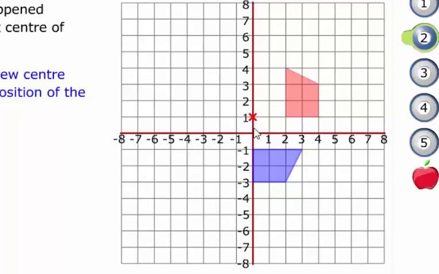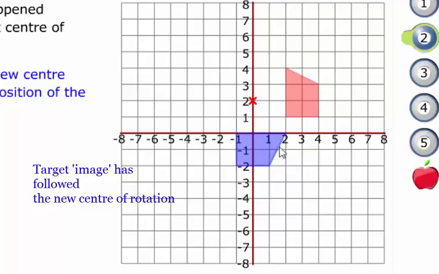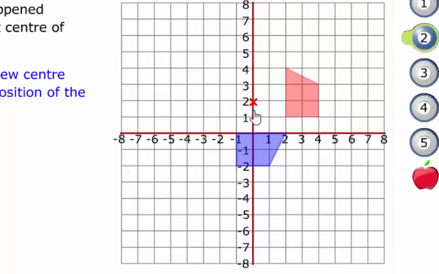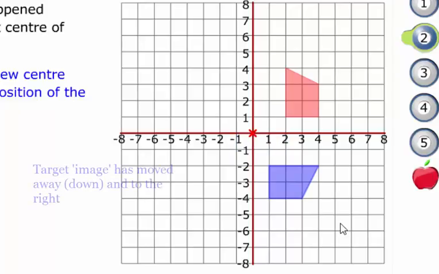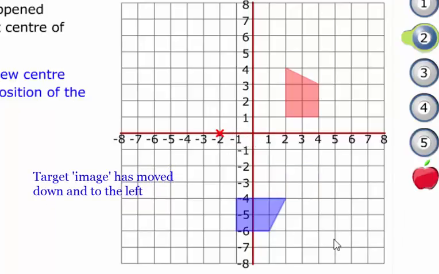So I'm going to move the center of rotation up, just up one grid there. So it's x equals 0, y equals 2, and you can see where the object's now finished up. If I move it down to 0, there's the impact of that. If I move it to the left, I'll move it 2 to the left there. Well, you can experiment with that on Mymaths as you wish, but you can see what the impact is going to be.